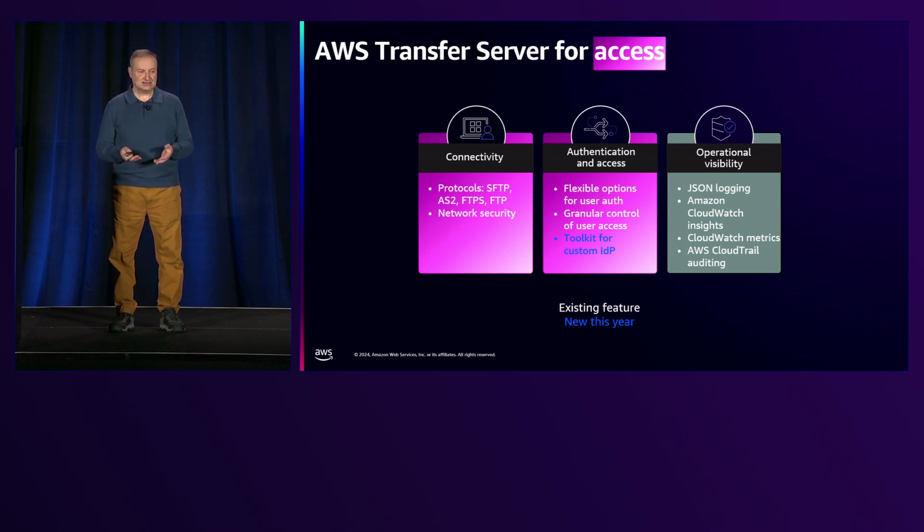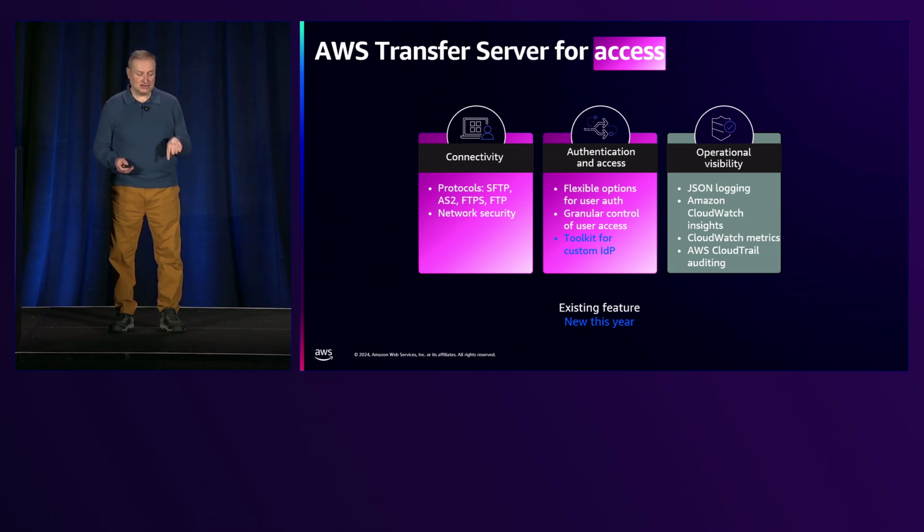When you create a Transfer Family server, you get options for where your endpoint is hosted. It could be externally accessible, or you can deploy your endpoint within your VPC. And then you can leverage security groups to limit access to your endpoint. You can even create private-only endpoints that are only accessible by your application pipelines.